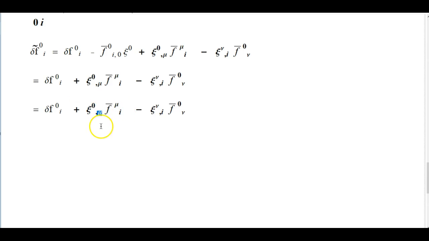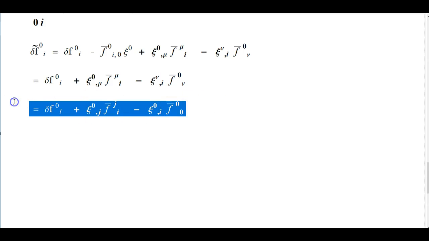So our first simplification is to replace mu with j because the 0i component vanishes. And here only the f bar 0 0 component survives. So f bar 0 1, 0 2, 0 3 will vanish. So here only the 0 component will survive.